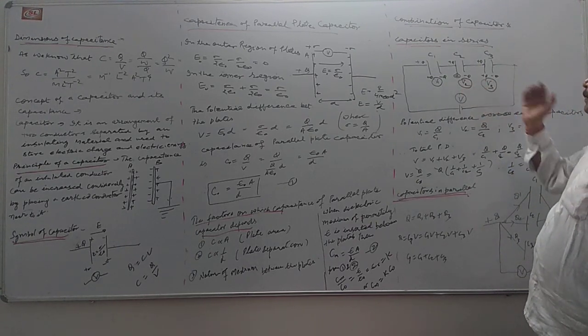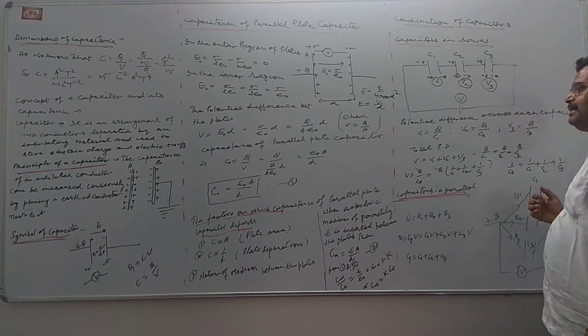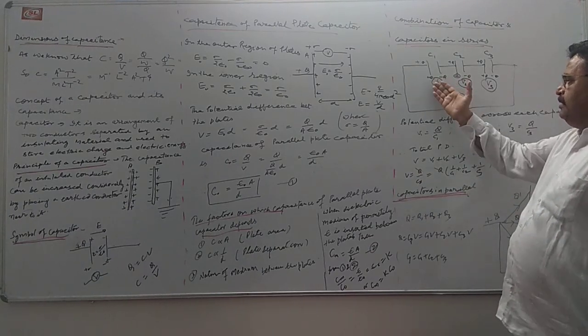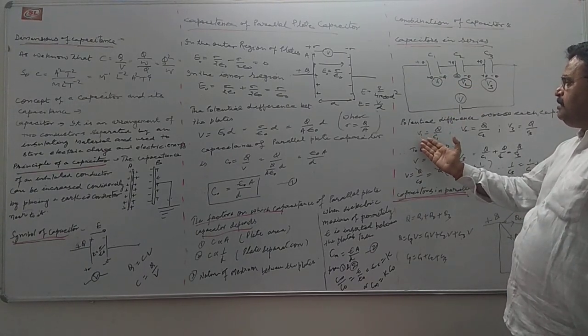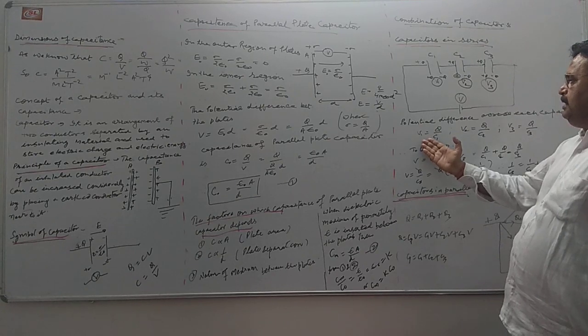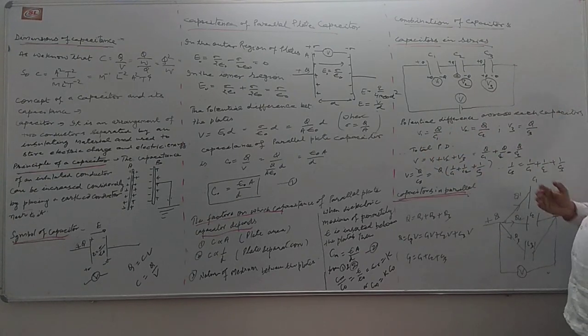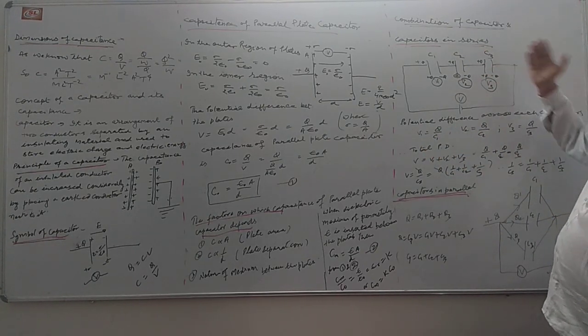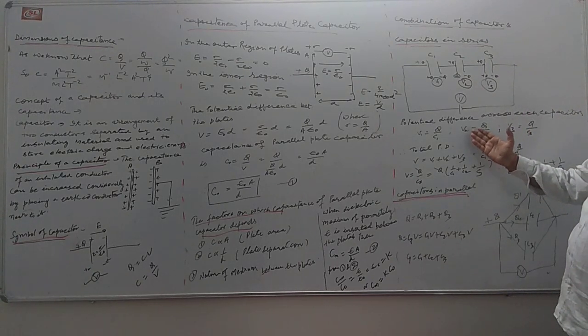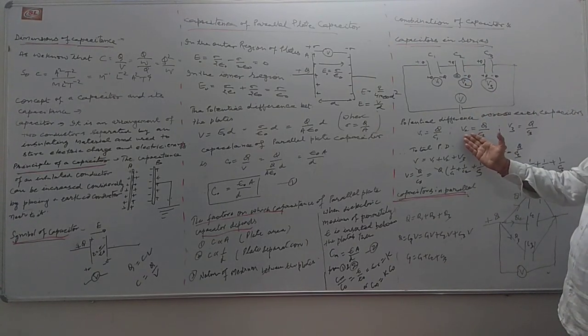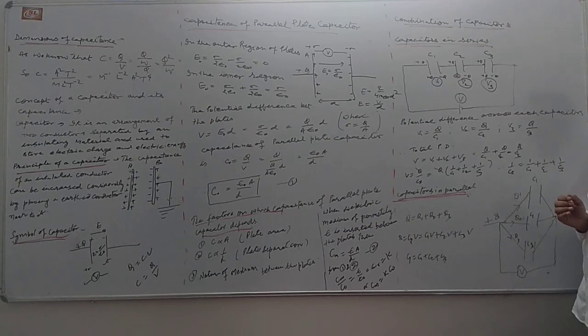Let V1 be the potential difference across these capacitors. Then the potential difference between the plates of capacitor C1 is V1 equal to Q upon C1. The potential difference across capacitor C2 is V2 equal to Q upon C2.